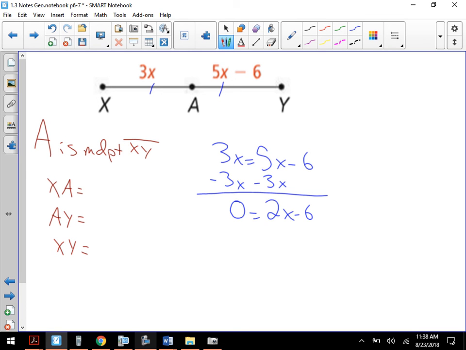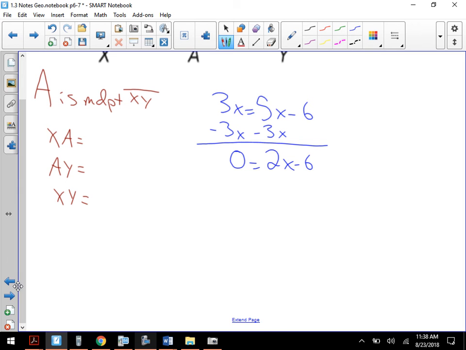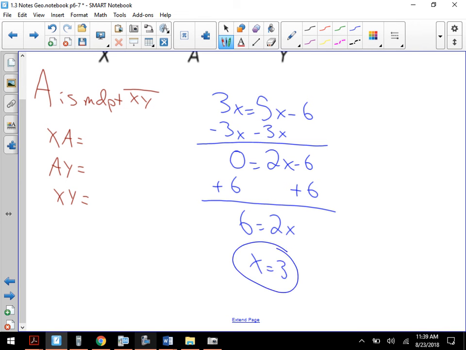Add 6, good. Add the 6. What's 0 plus 6? 6. And now what do you do? Divide it by 2, and what do you get? And there you go. So now you've got your value of x.